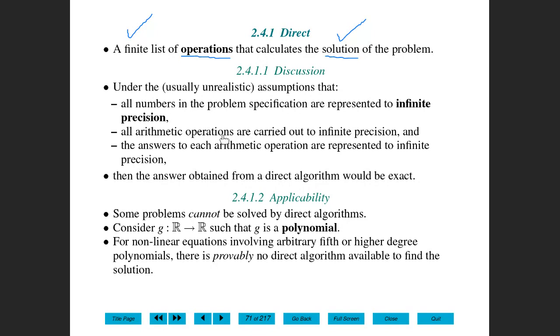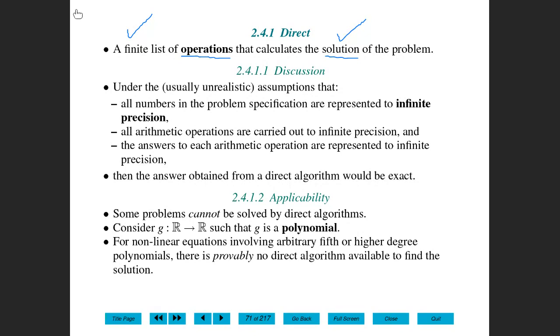The operations should be carried out to infinite precision, and even the answers to all the arithmetic operations are represented to infinite precision. So everything is infinite. The direct algorithms look really great from a theoretical perspective, but from a practical perspective they are not very interesting.